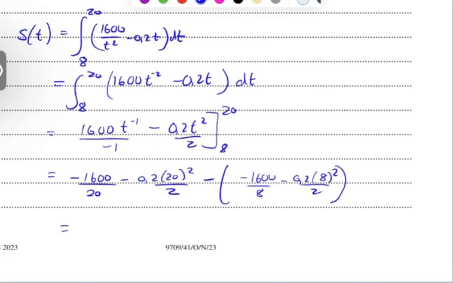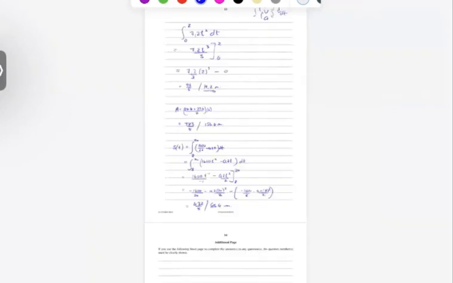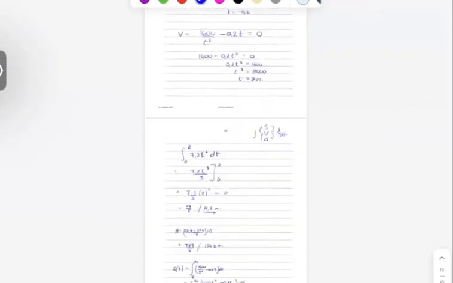And we get an answer of 432 over 5, or 86.4 meters. I am now going to be adding up all these distances.